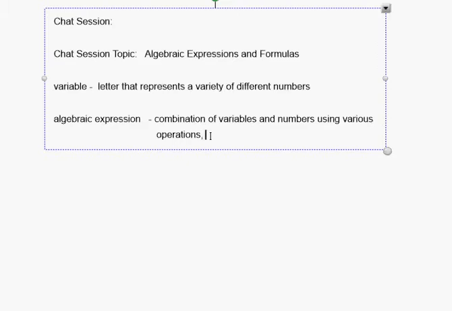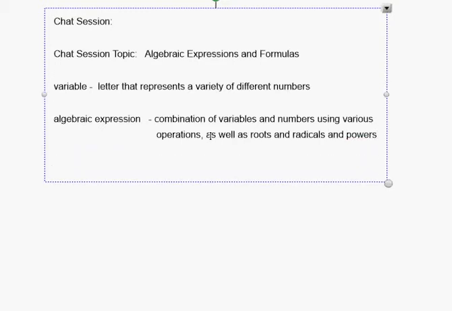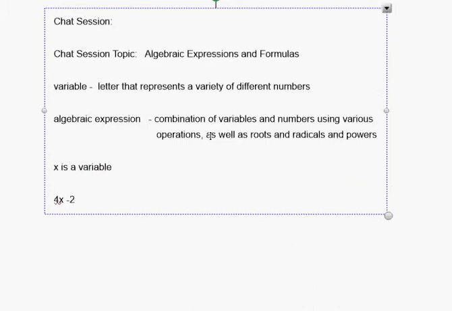So thinking of addition, subtraction, multiplication, division, as well as roots and radicals and powers. So x is a variable, whereas we could think of 4x minus 2 as an algebraic expression.